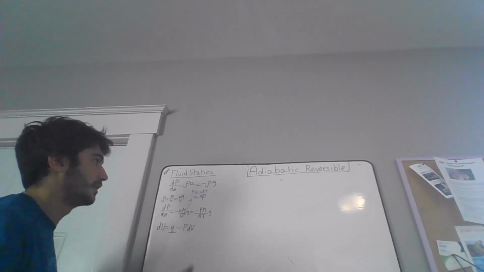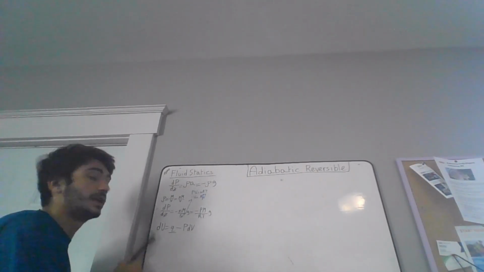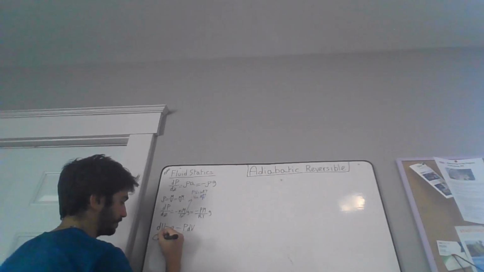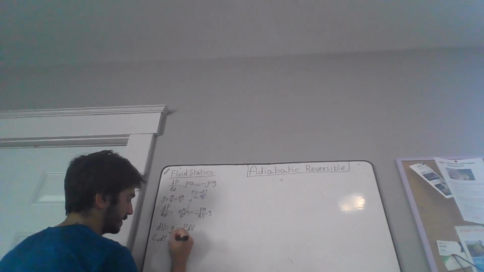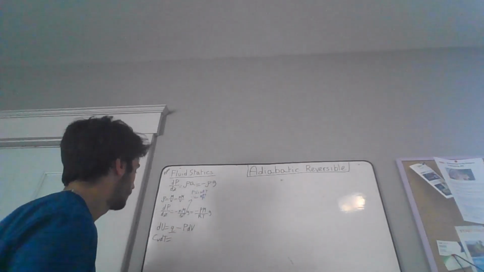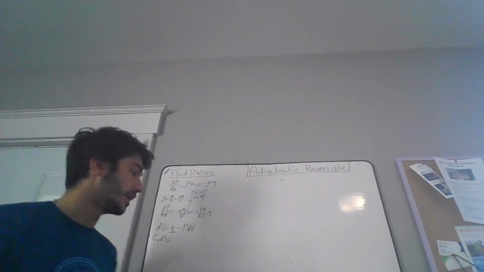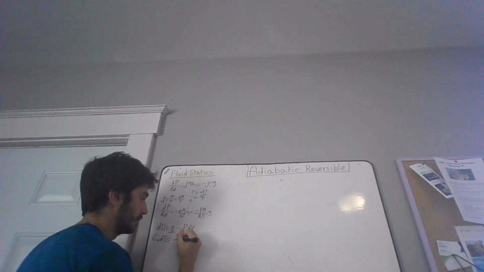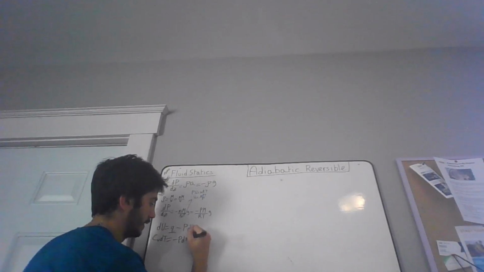And then we also know that the internal energy can be rewritten as Cv dT, with respect to the temperature. Since Q is 0, we leave that out, and then we write negative P dV.